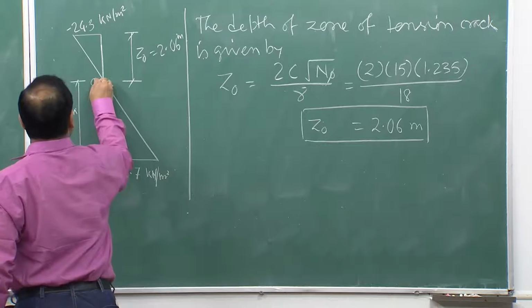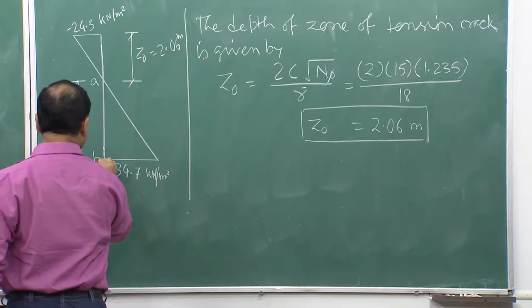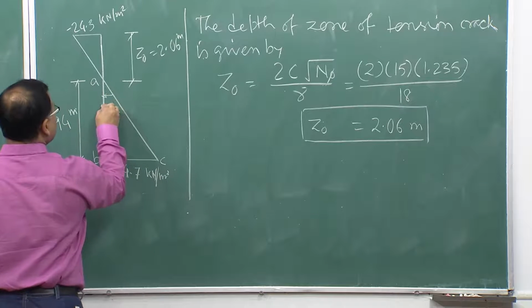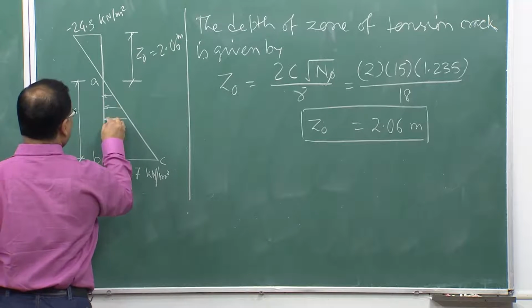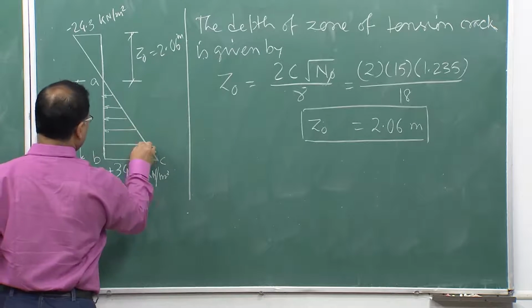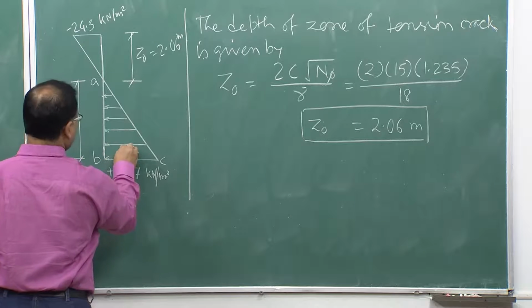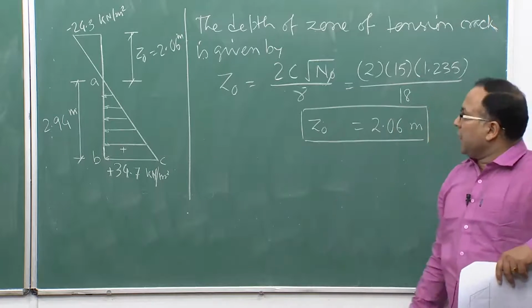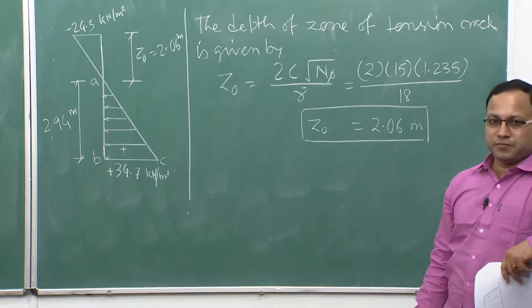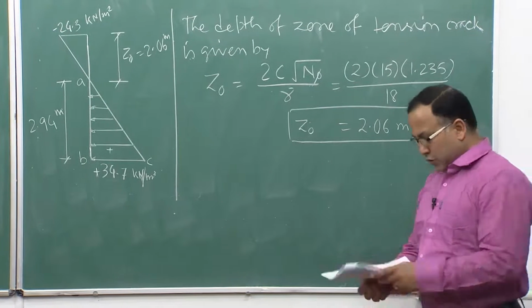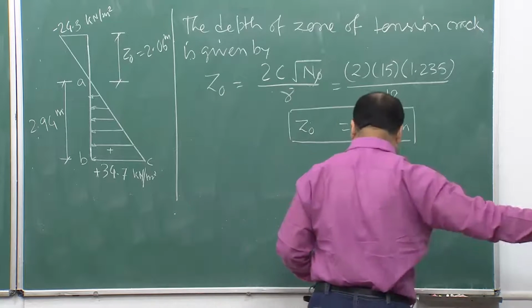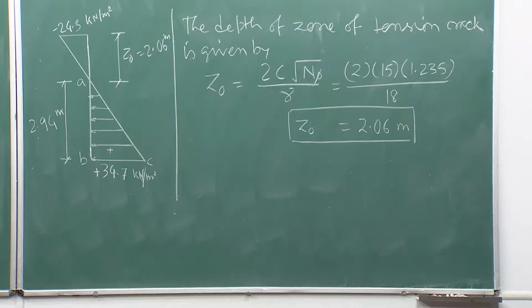Let us name these points as small a, b and c. This is the positive pressure, that means compressive thrust or the push, and the top part will be under tension. Once we have got Z naught, we can calculate the resultant active thrust.